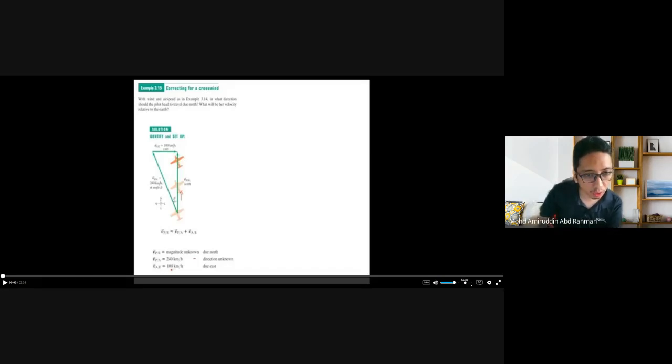So we construct that in terms of a triangle. We know the direction of the relative velocity, which is the final one, the combination of the wind and air velocity. That final one is VPE.